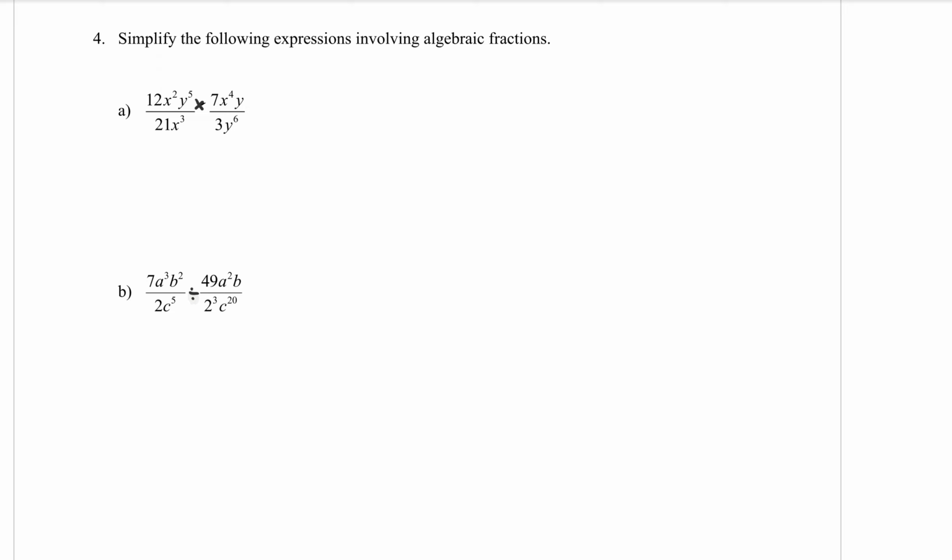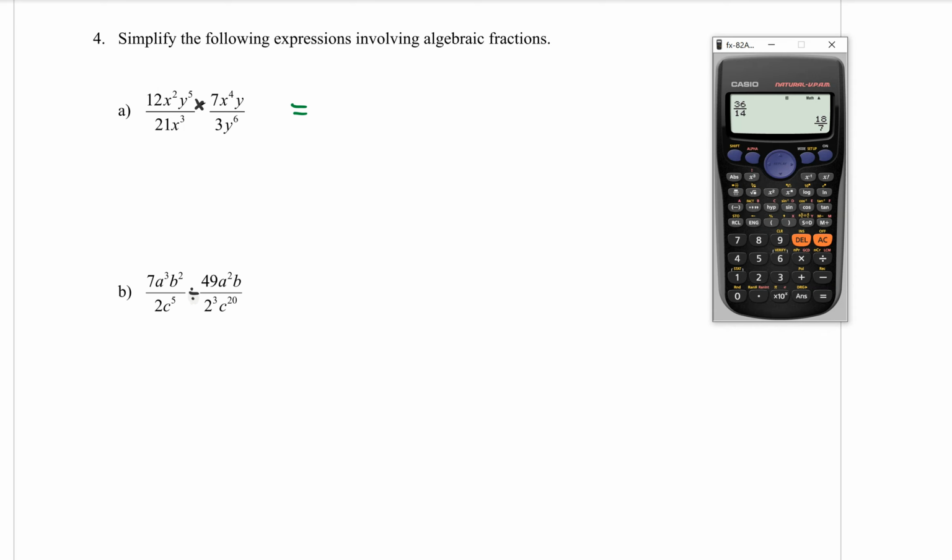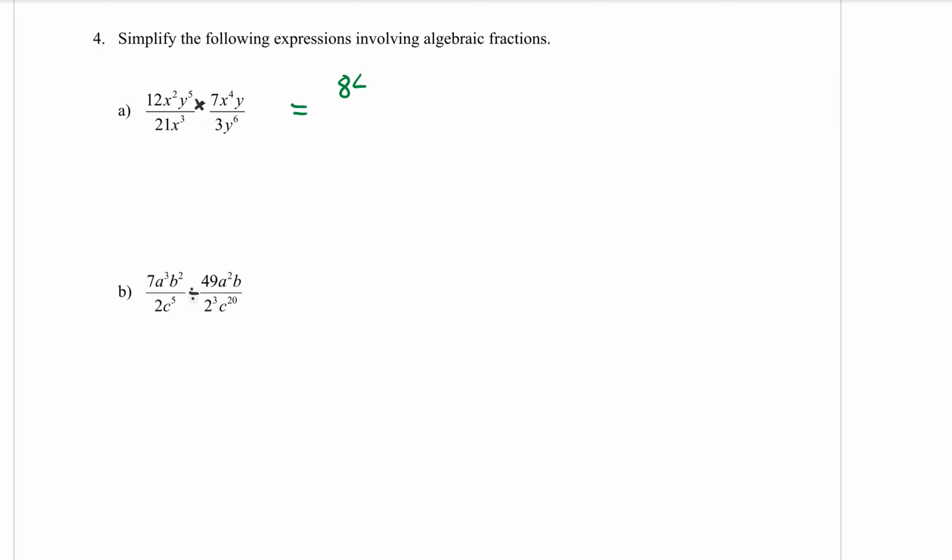Okay? So if I multiply first, multiplying the top together, I go 12 times 7. You all know your 12 times tables. Then I do my x's and y's. So I have x, I have 2 here, plus another 4, so I have x to the power of 6.